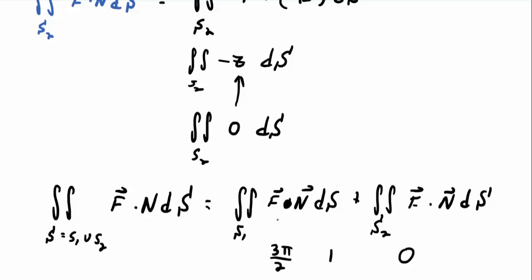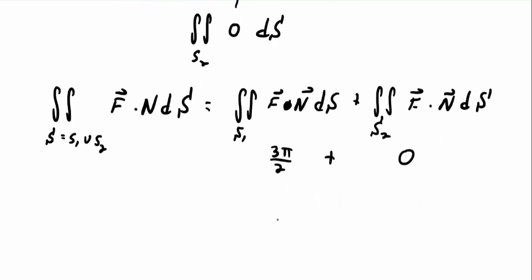So you add them, and last time I looked, 3 pi over 2 plus 0 is just 3 pi over 2. Okay.